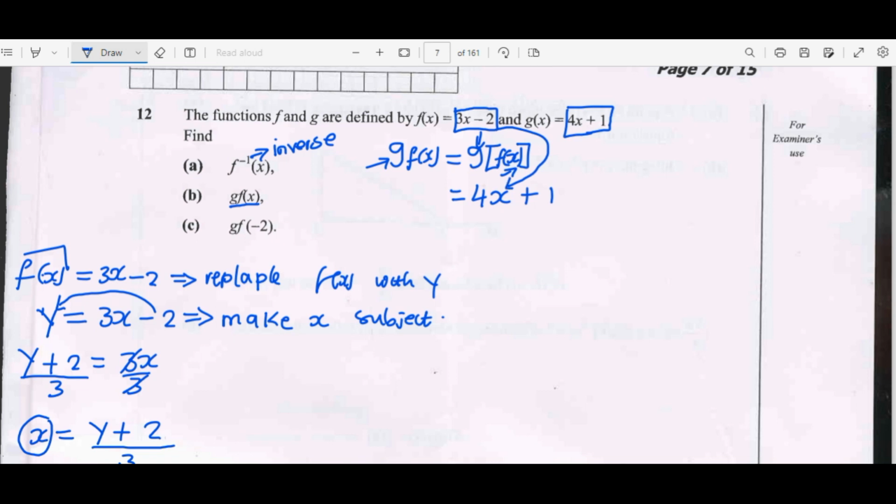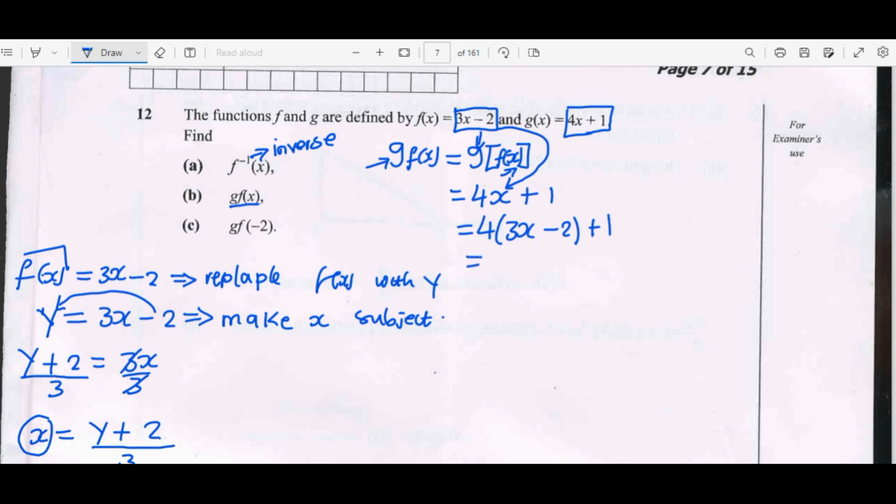So wherever you see x of the first function is where you are supposed to substitute with the inside function. So what this simply means is you write your 4, you open brackets, then the brackets represent the x, where I'm going to put 3x minus 2, close, plus this one here.